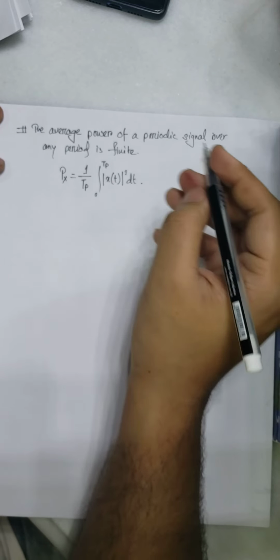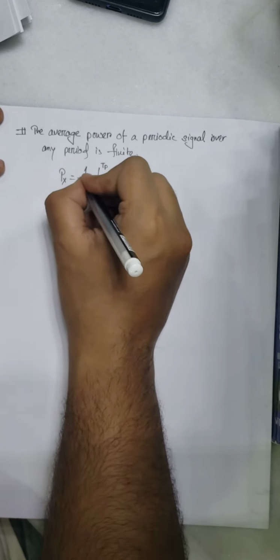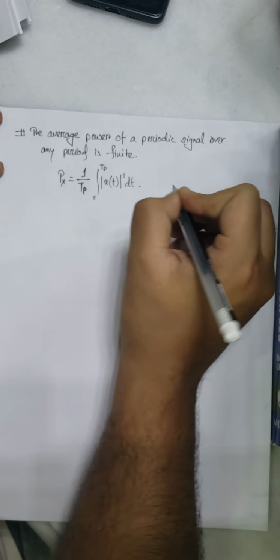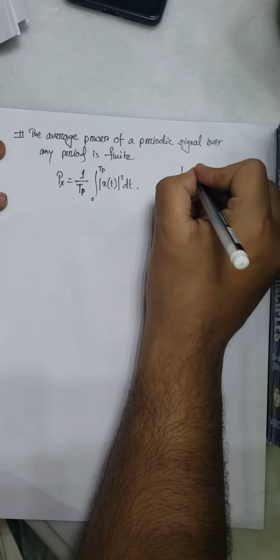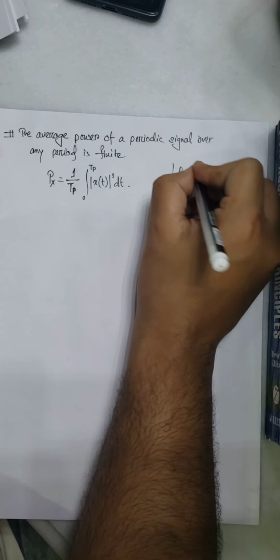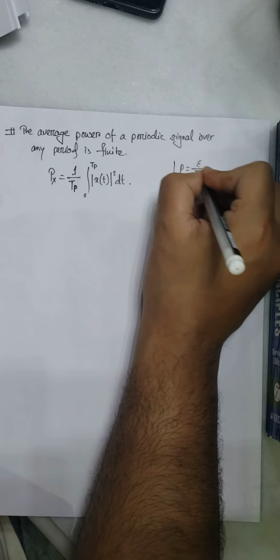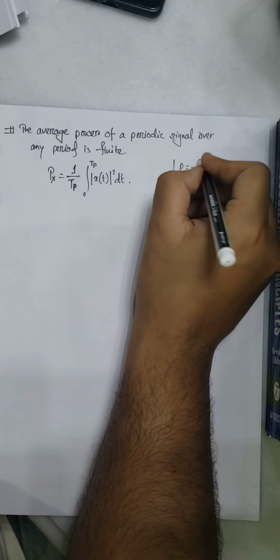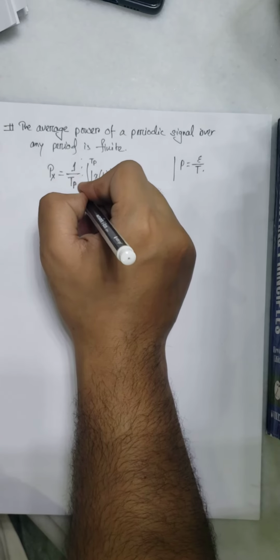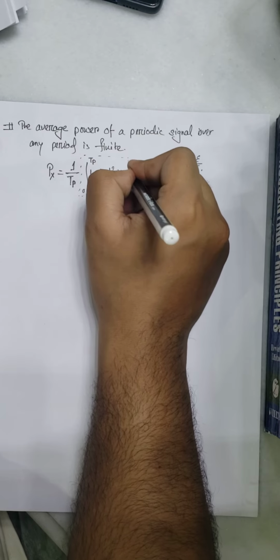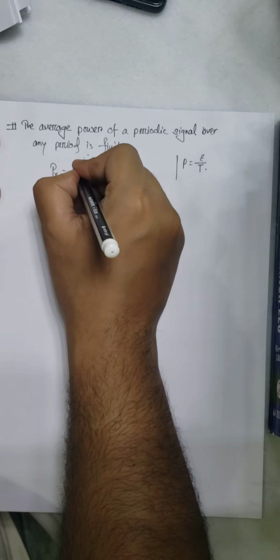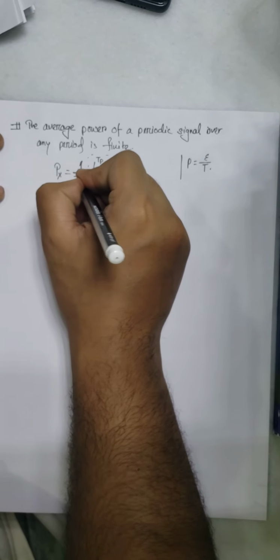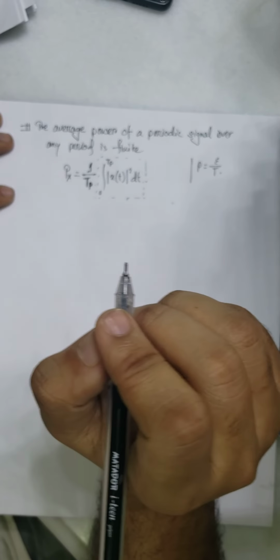Now a question might come to your mind, where does this 1 over Tp come from? As we have learned in basic physics that the power is nothing but an energy per unit time. So if the energy signal is this part over here, so the power will be an average over its time period Tp.